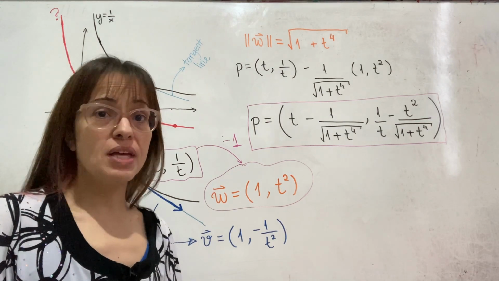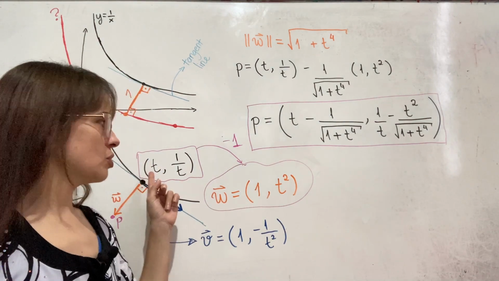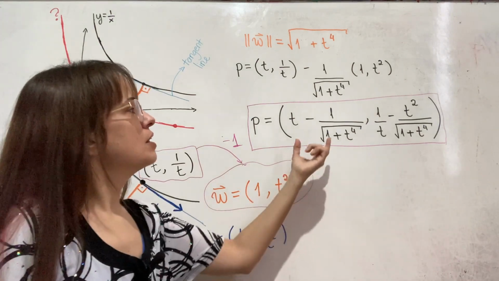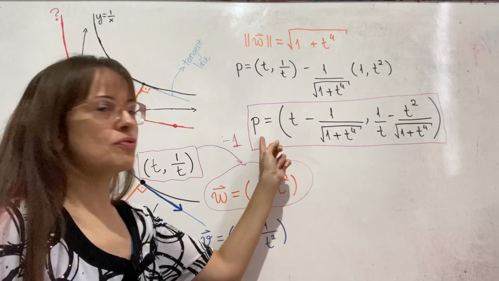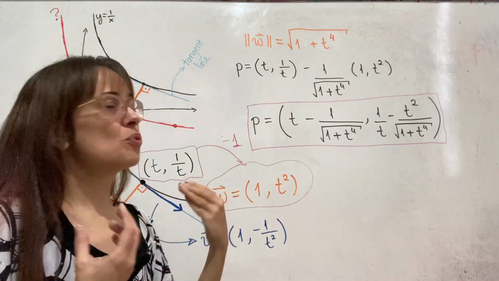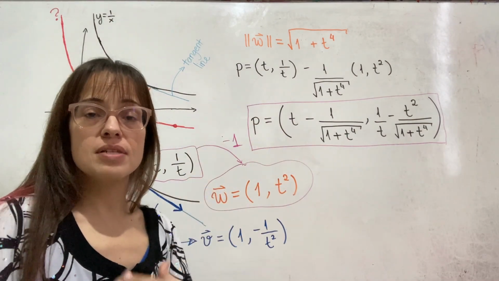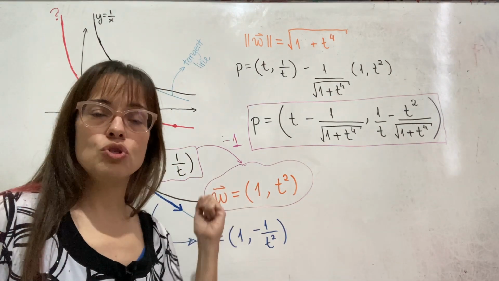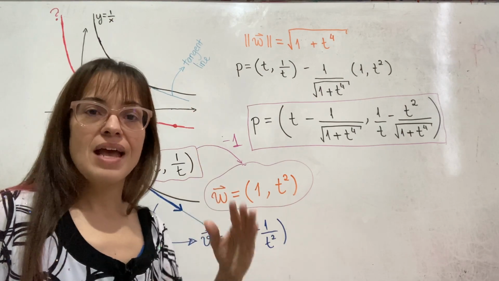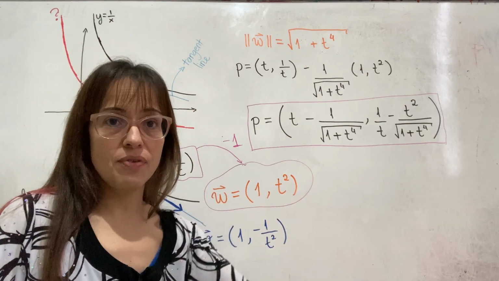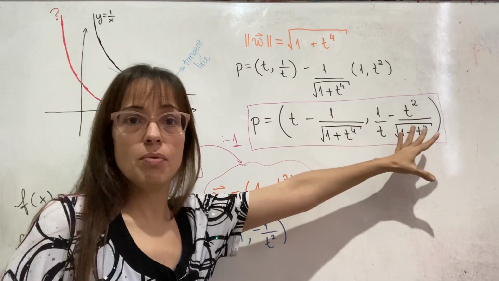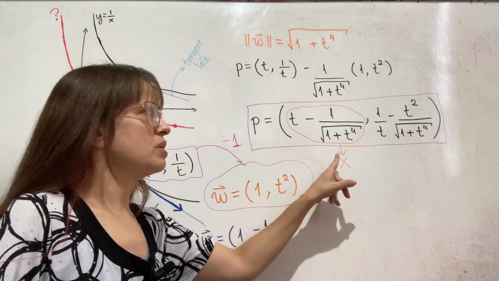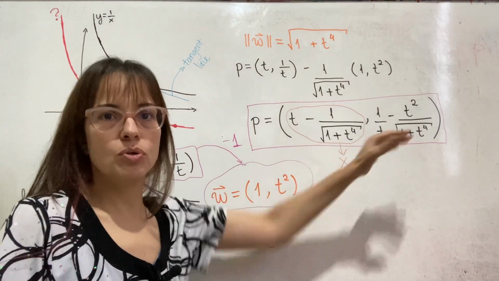But I wanted to point out that I mentioned a while ago that I was changing the coordinate from x to t, because when I finished the calculation, the first coordinate of the points on the red curve was not going to be x. It's just a complicated function of t. So if you wanted to write the red curve as y as a function of x, instead of just the parametric equation of a curve, you would need for this to be x and then the other coordinate to be y.